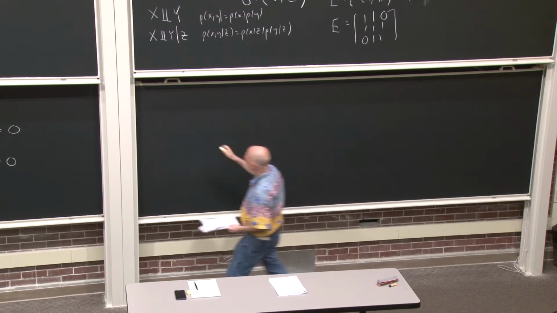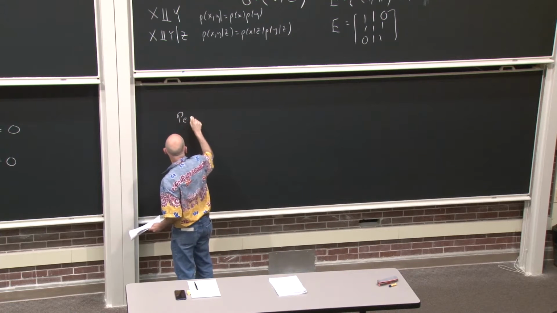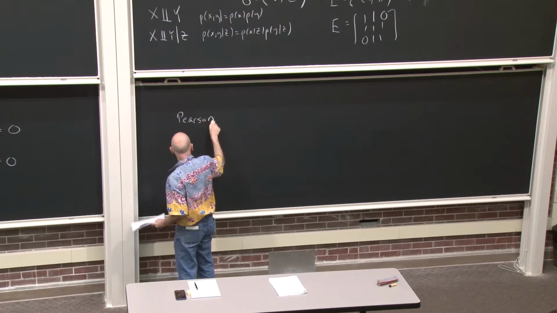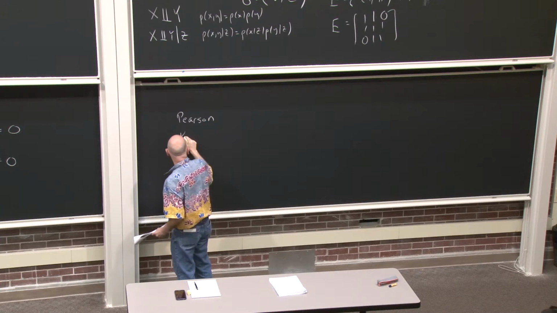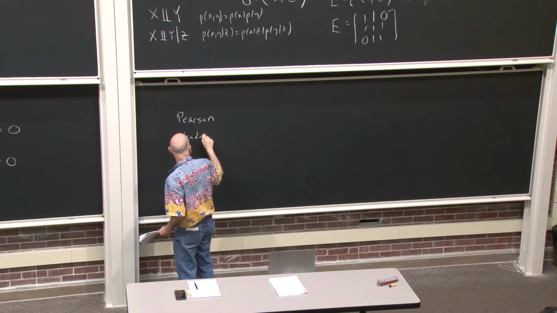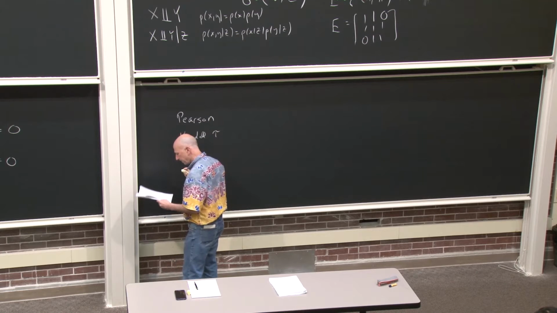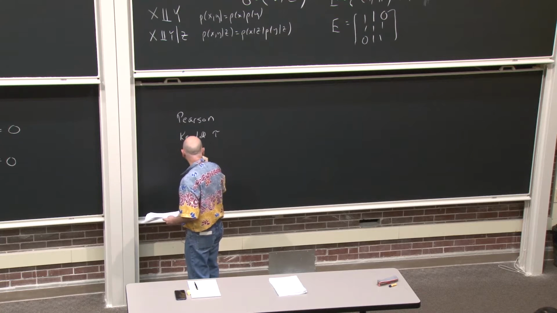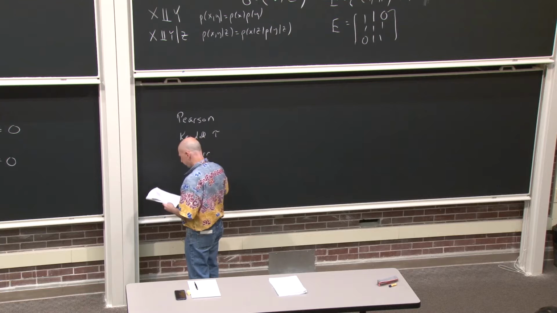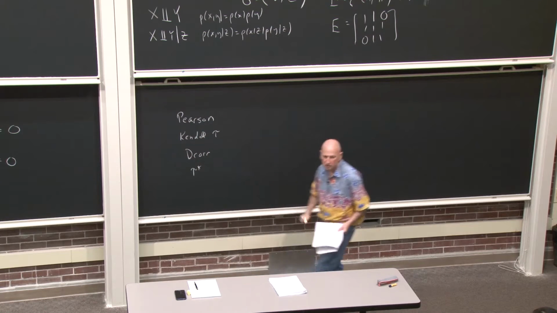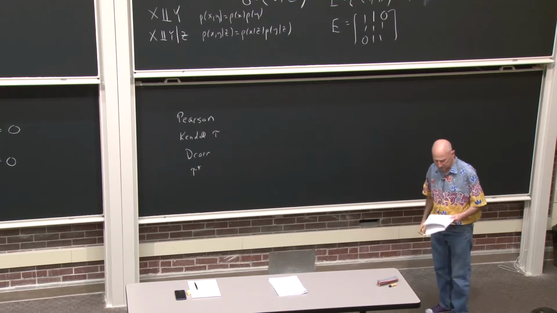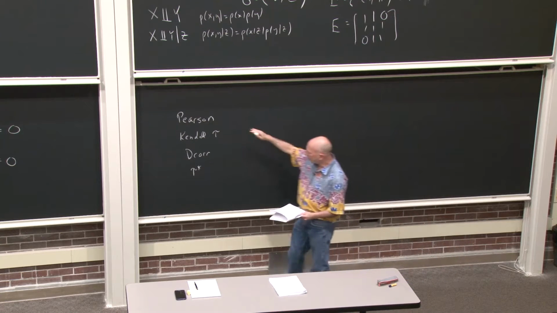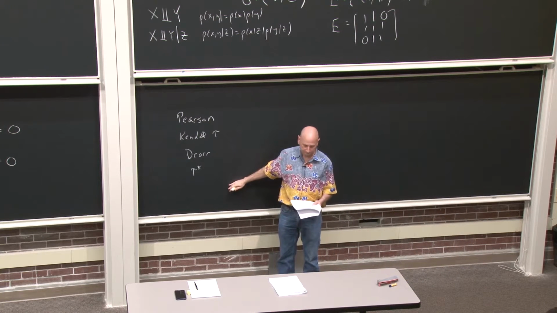So the 2 oldies are the Pearson correlation, which I'm sure you've seen before, and Kendall's tau. And the 2 newer ones are the distance correlation and what's called tau star. So we're going to look at 4 different measures of association. We can build a graph from any one of these 4.